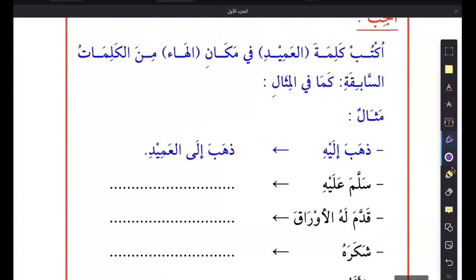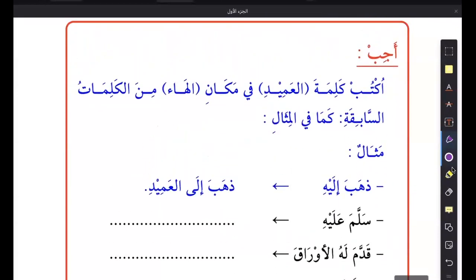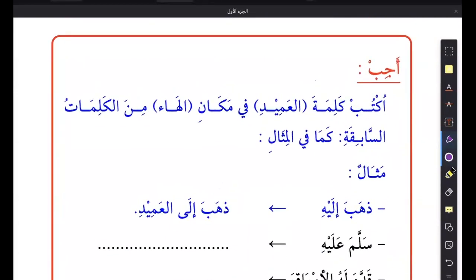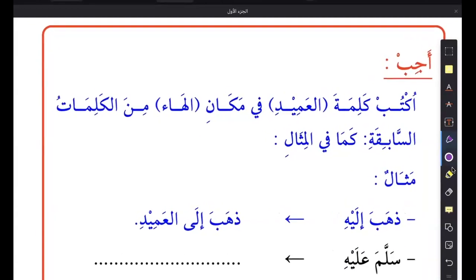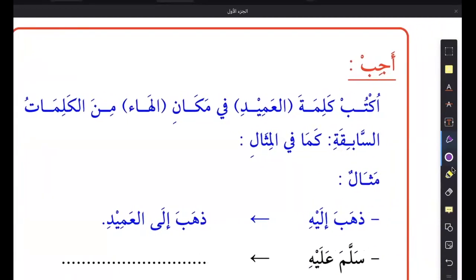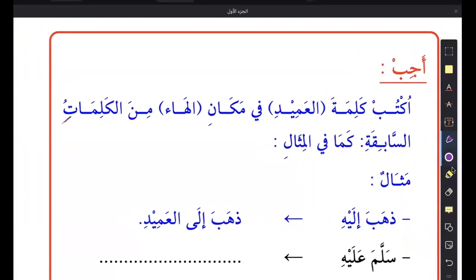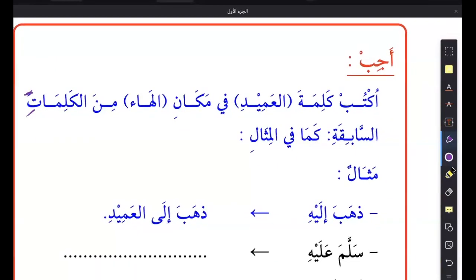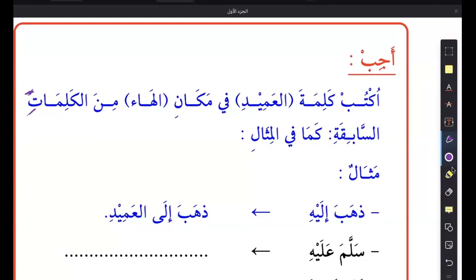Let's take the next one and then inshallah we will wrap up. It says, Ajib, her answer: uktub kalimata amid fi makani ha min al kalimati as-sabiqati kama fil mithal.